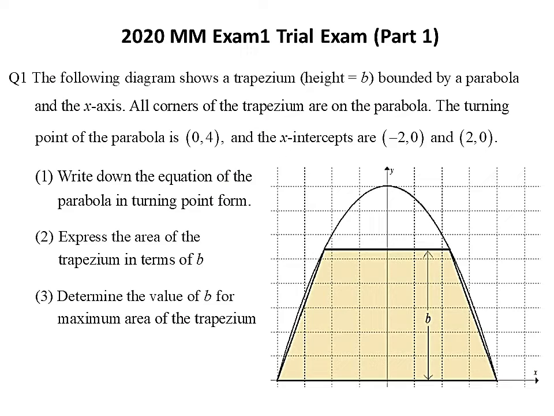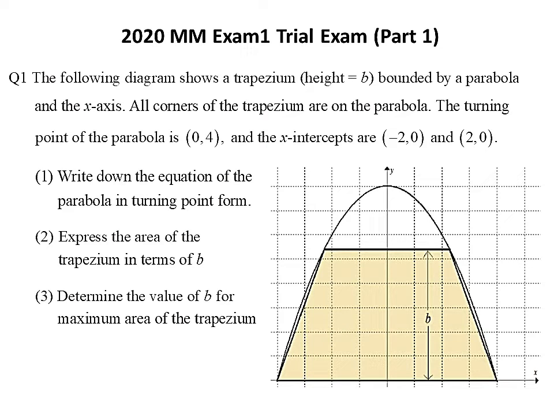Now, the following diagram shows a trapezium bounded by a parabola and the x-axis. All the corners of the trapezium are on the parabola. The coordinates of the turning point of the parabola is (0, 4), and the coordinates of the x-intercepts are (-2, 0) and (2, 0).